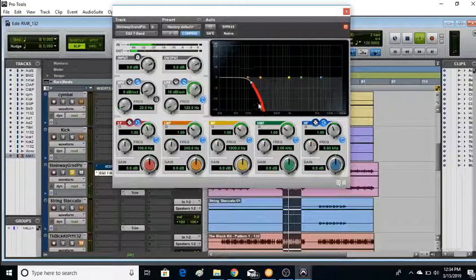Increments of 18, even closer to that target frequency. So always remember that tail, the frequencies, your bandwidth and your Q, the other frequencies that you're working on in addition to your targeted frequency when you are EQing.